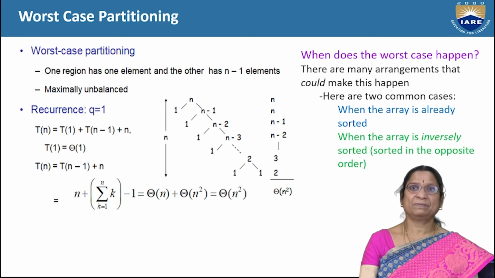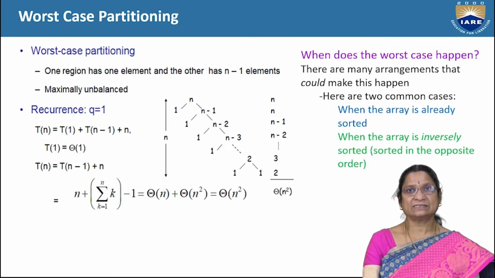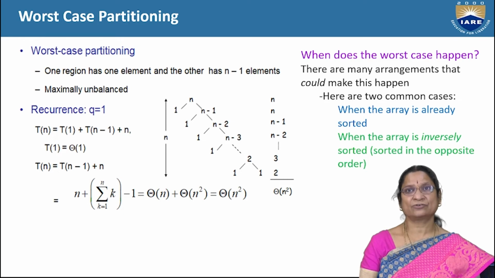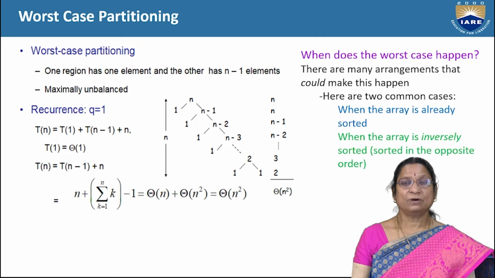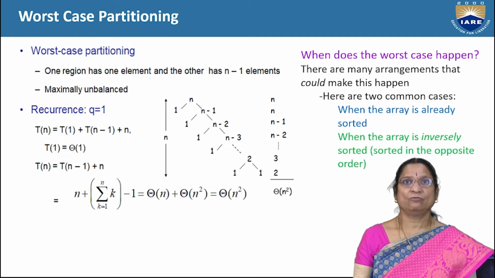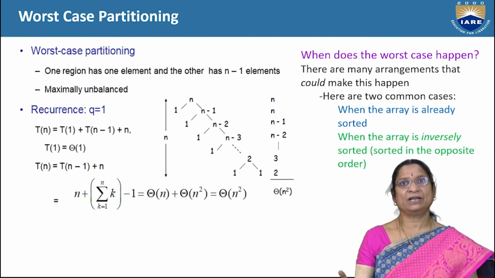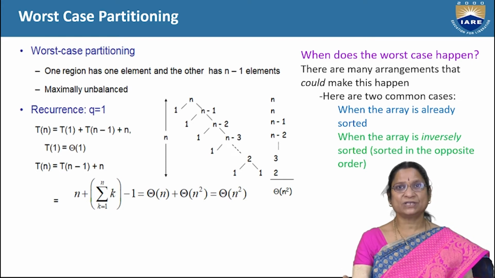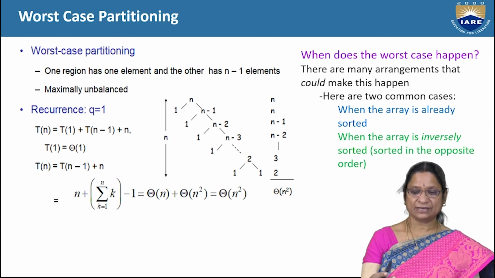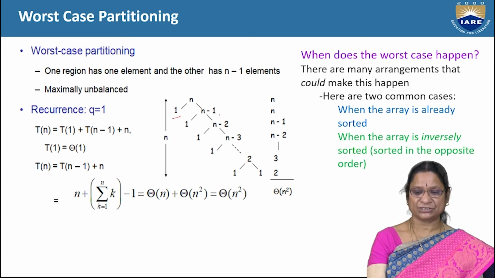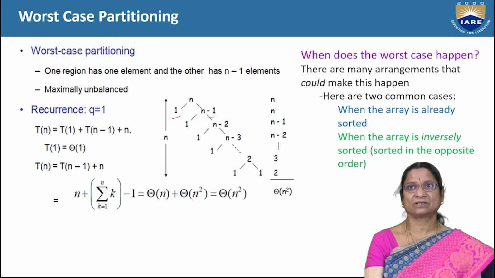The worst case occurs when the partitioning is a worst case partitioning. What is worst case partitioning? One region has n minus 1 elements and another region has only one element. That means n elements are there, first partitioning 1, second partitioning n minus 1.